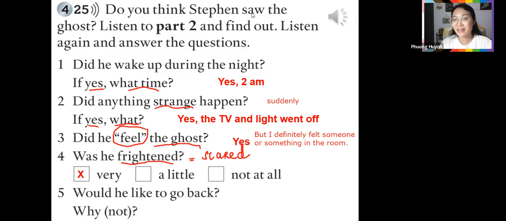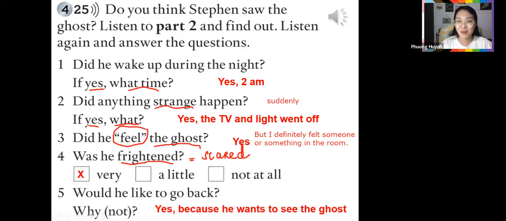He also cannot explain the TV and the light going on and off. So he wants to go back to see the ghost. Correct, just like in the chat box. Okay, that's it for the listening for this unit.